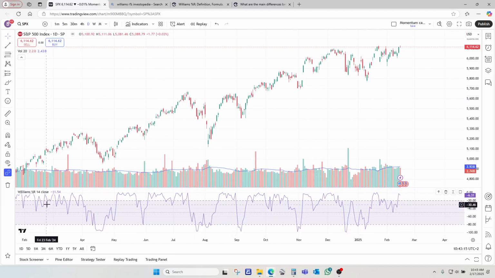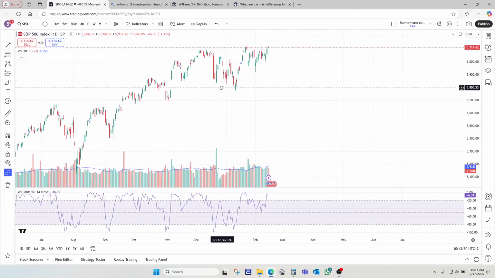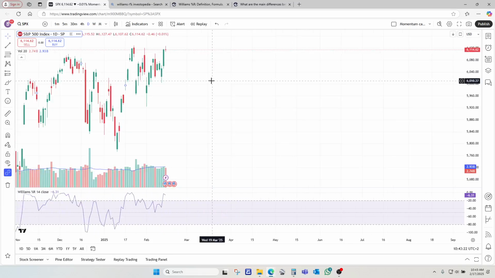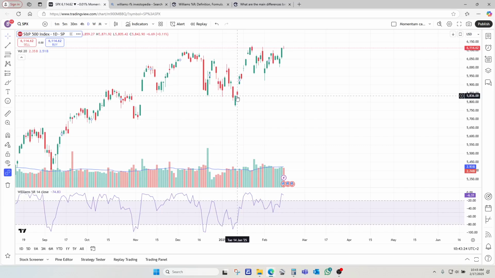Okay, before we show you a few examples, I want to show you exactly what it measures and how it will look. So we have here the standard period is 14, meaning it will measure the last 14 candles. So we will count them: 1, 2, 3, 4, 5, 6, 7, 8, 9, 10, 11, 12, 13, 14.